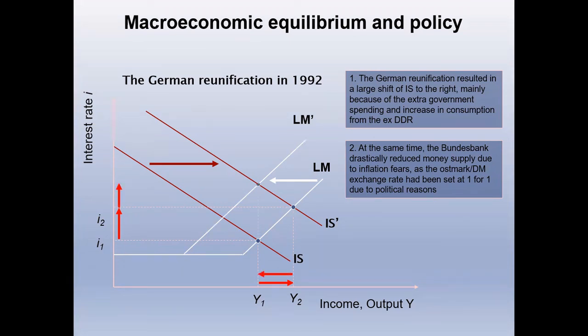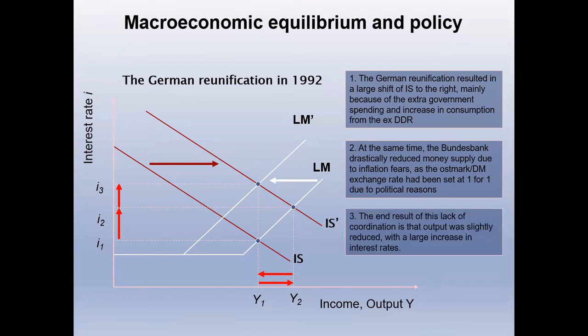So the interest rates started to increase higher and higher, and the drop of the liquidity of money led to the drop of the output and put the situation back at the initial point. The end result is that output was slightly reduced, with a large increase of interest rate.